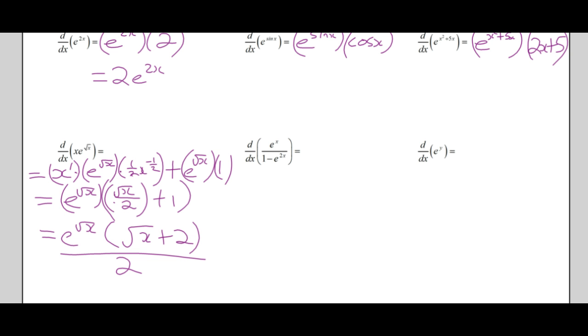Next one, which rule? Quotient rule. How can there possibly be enough room to write this? Okay, so you know the quotient rule, right? If you know it in terms of f and g, then I say it's g times f prime minus f times g prime over g squared, right?